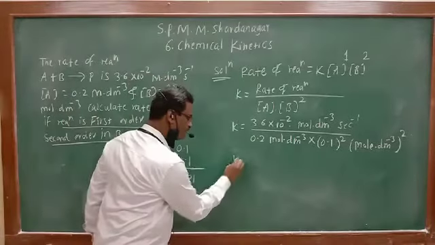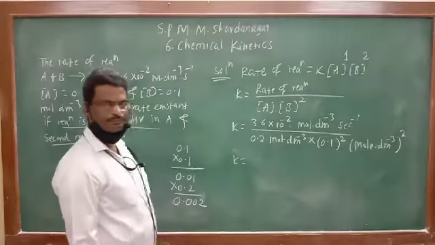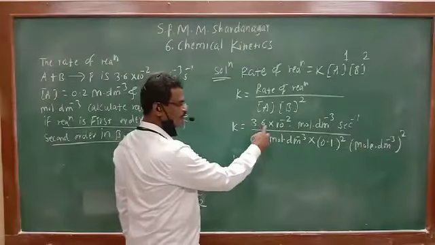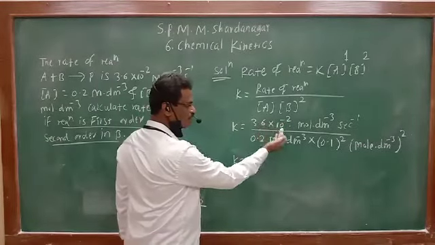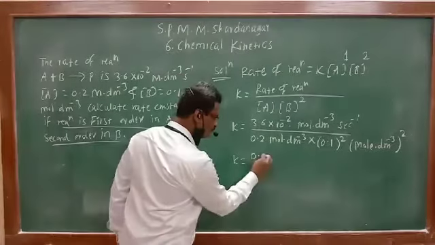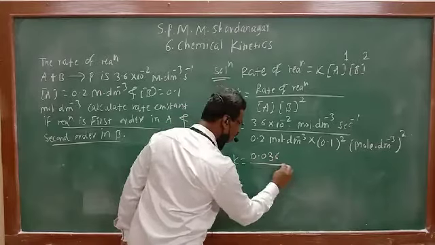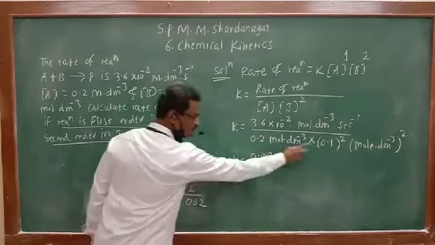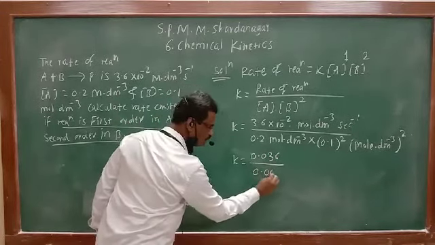So this will become K is equal to 3.6 into 10 raised to minus 2. That means how many decimals on the left side? 2 decimals. So 0.036 divided by this answer, 0.002.